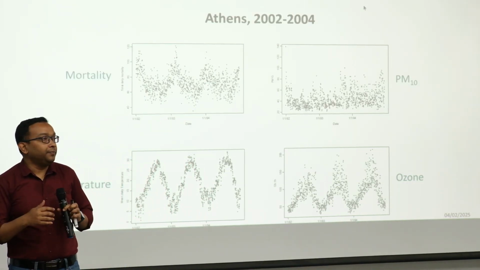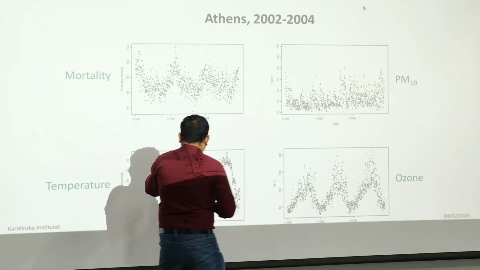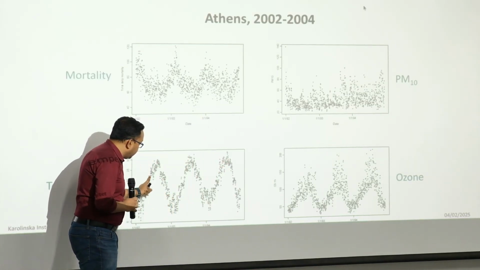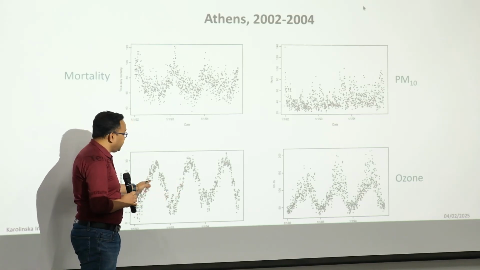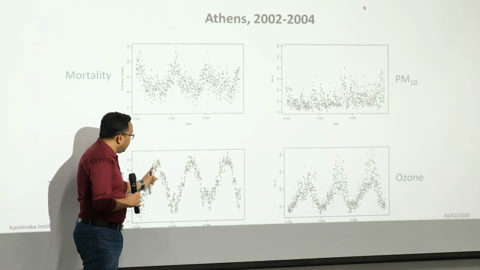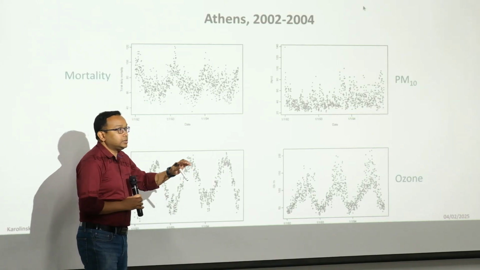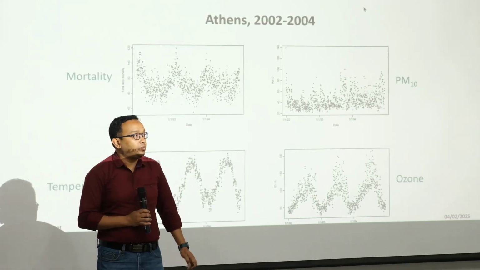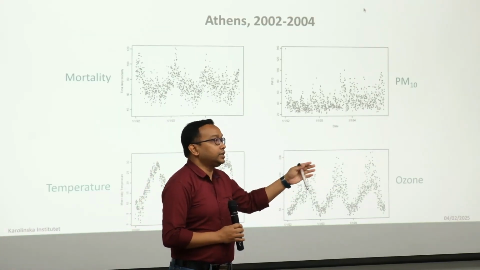You could have more changes also, right? This is not very clear, but there's something going on up here, there's another jump, and then it's coming down. So if I want to model it more flexibly, 1 change, 2 changes, 3, 4. Now you have 4 changes. If I have 6 years, 6 times 4, 24 degrees of freedom.